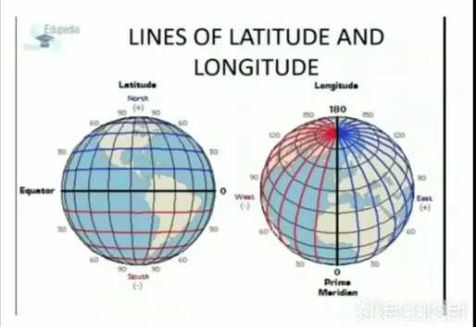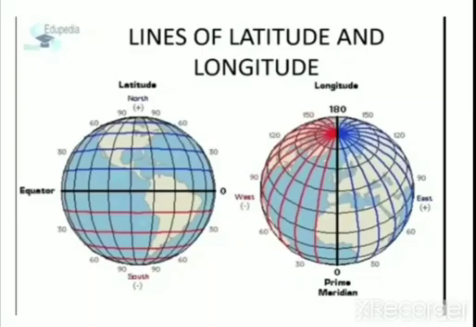You can see here the latitude and the longitude lines. Which is the most important latitude line? It is the equator, and the most important longitude line is the prime meridian. The equator divides the earth into two hemispheres, the northern hemisphere and the southern hemisphere.